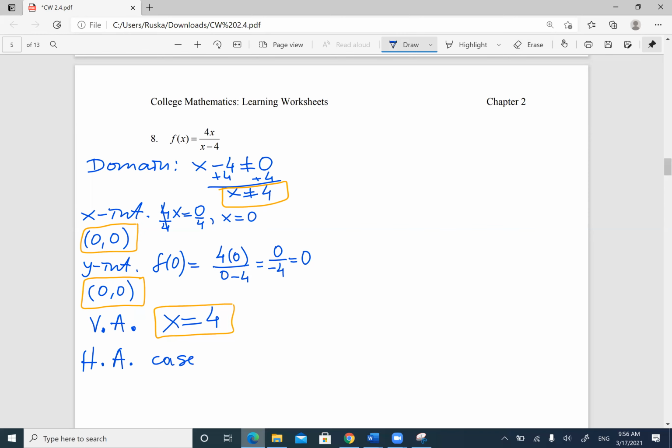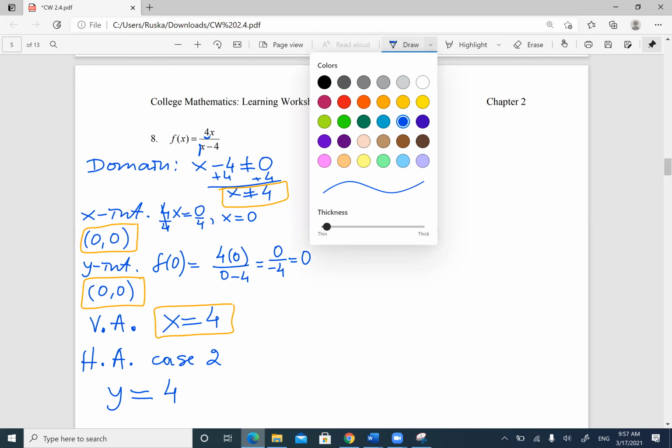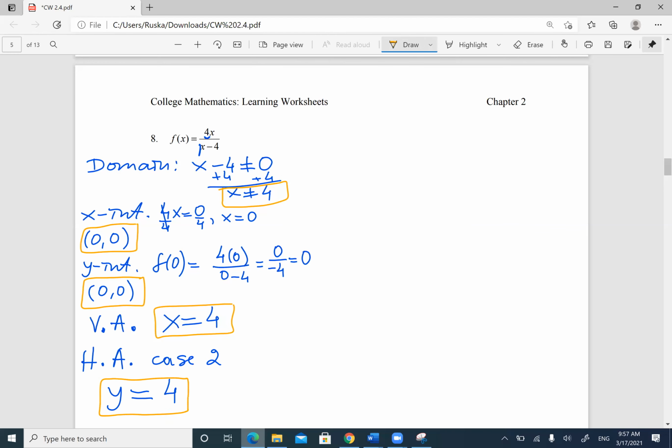And in this case, the horizontal asymptote is going to be y equals, we need to get what are the coefficients in front of the x's. The highest x, the top x is 4 in front, and the bottom x is 1 in front. So it's going to be 4 over 1, which is 4. Everybody understand that? So we're getting the coefficients in front of the x's, up and down.